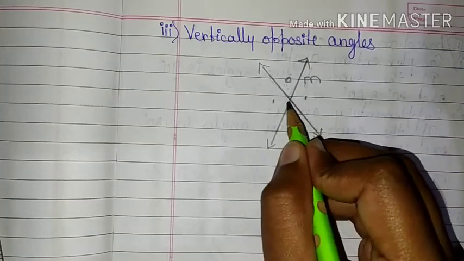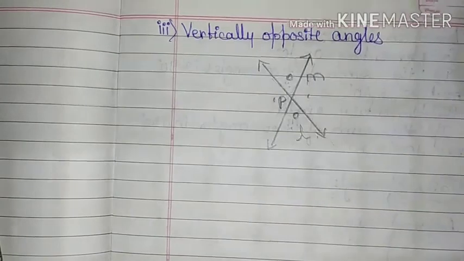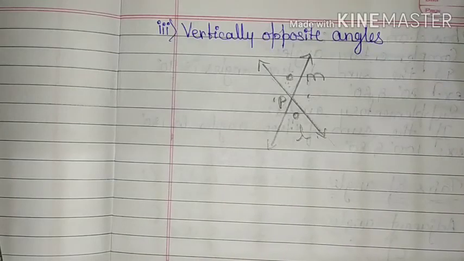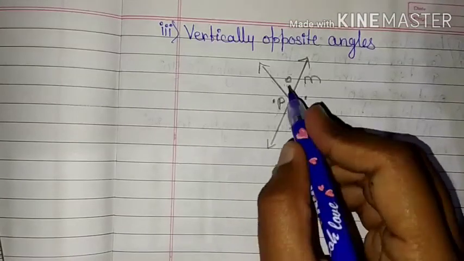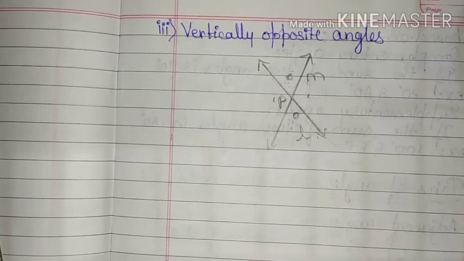These kinds of angles are called vertically opposite angles. P is the point of intersection of the lines. So whenever two lines intersect, the angles which we get are called vertically opposite angles.